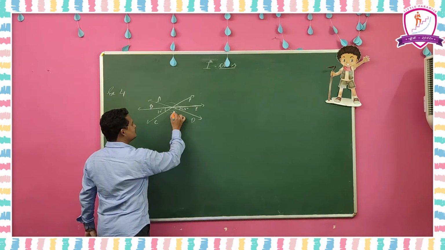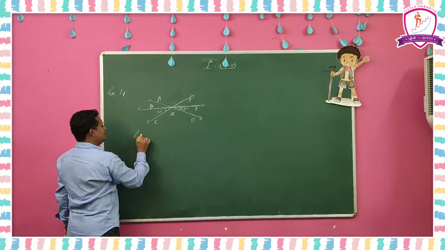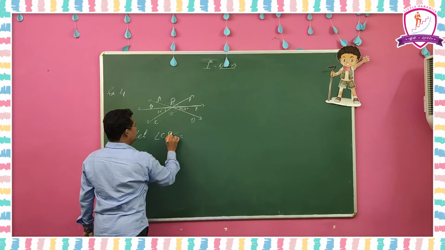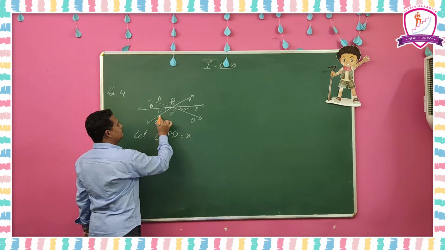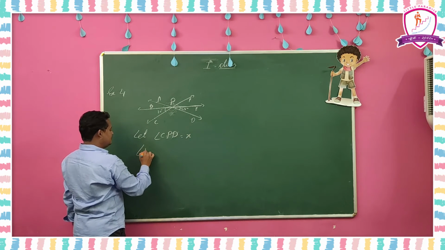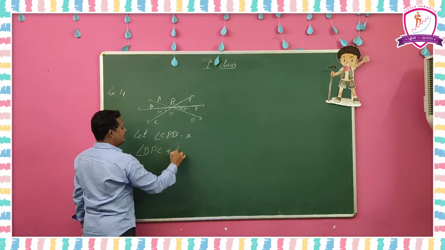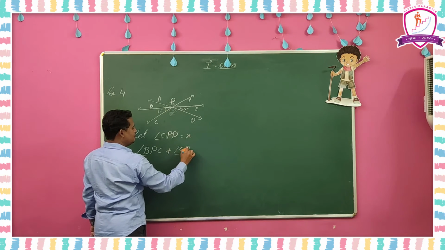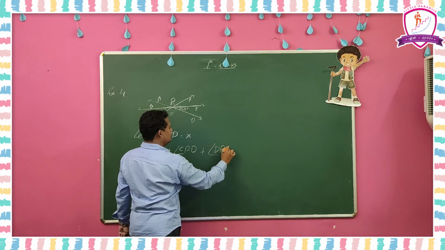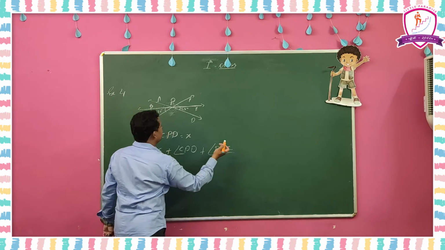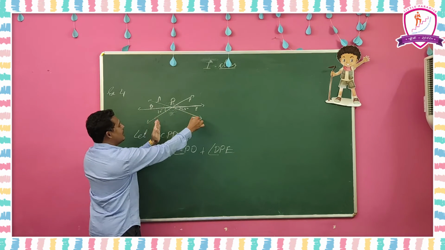We can consider the angle in between as X. Let angle CPD be equal to X. So here angle BPC plus angle CPD plus angle DPE. These angles, BPC, CPD and DPE, are on the same line.